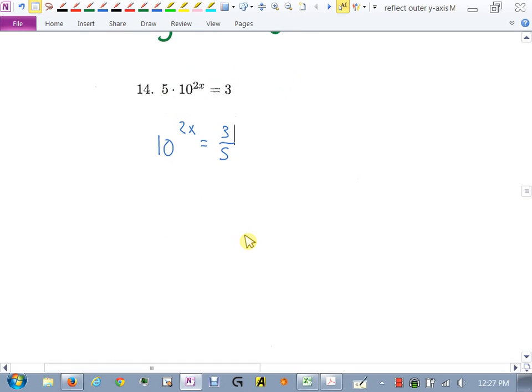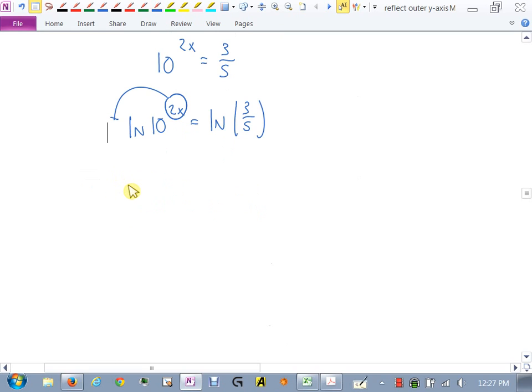Now, natural log both sides. You could do either one. Did everyone see what I did there?